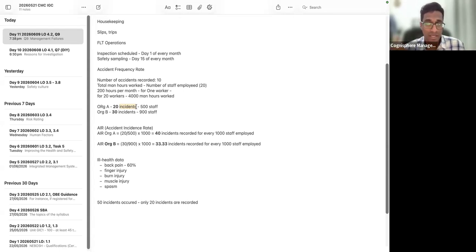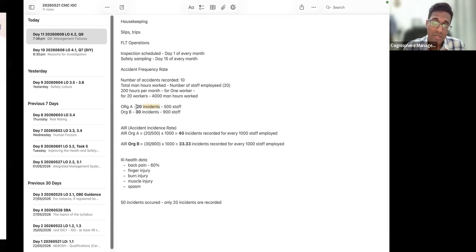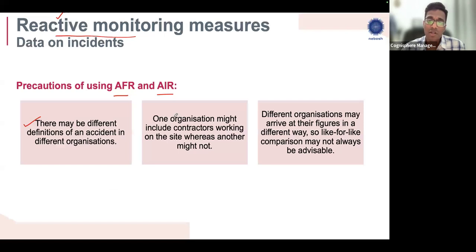So when you are making a comparison, it is important to understand that both organizations or both departments follow the same definition or terminology. One organization might include contractors working on the site, whereas another might not.